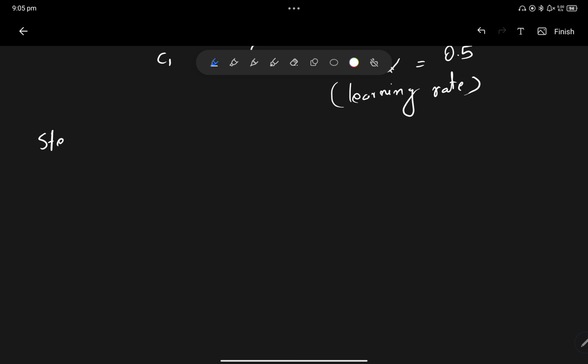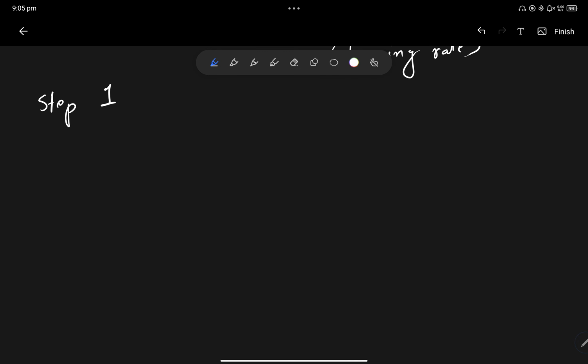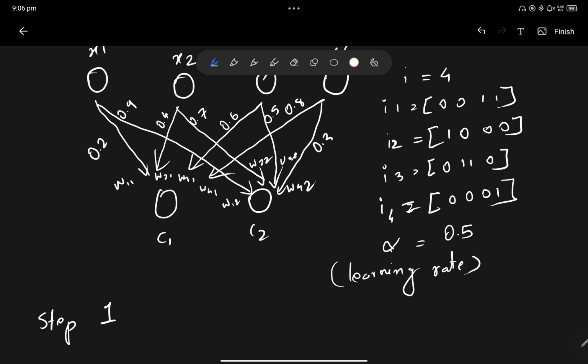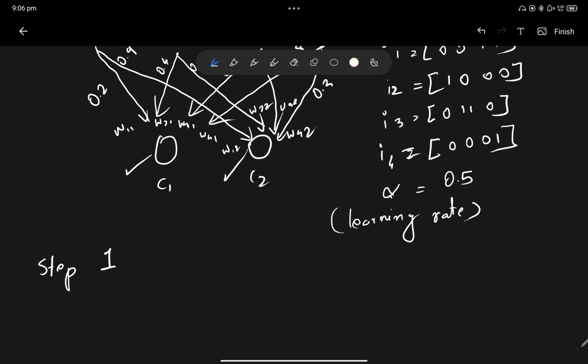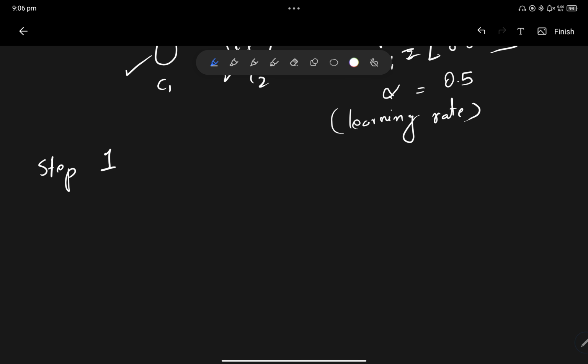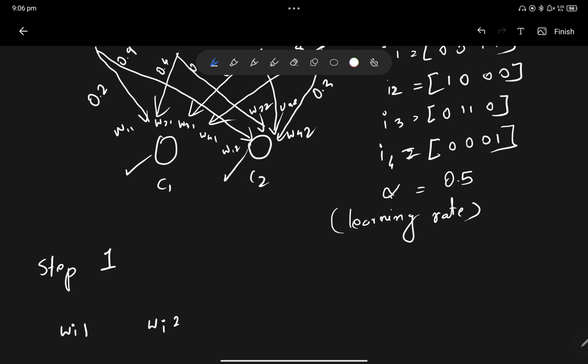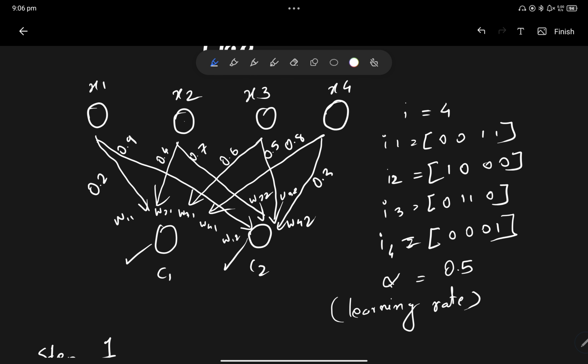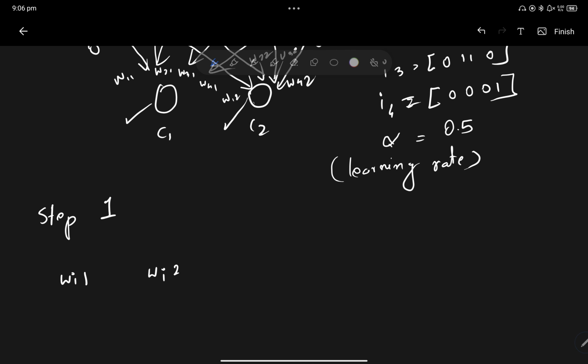Step 1: we know there are two outputs, that is C1 and C2. We can also write it as WI1 and WI2, that is the input weights of C1 and the input weights of C2. So you have 4 input weights connected to each node, and you have to write the values here.